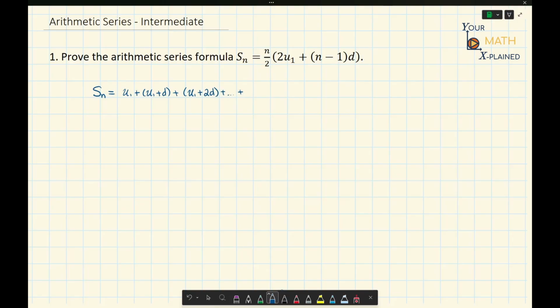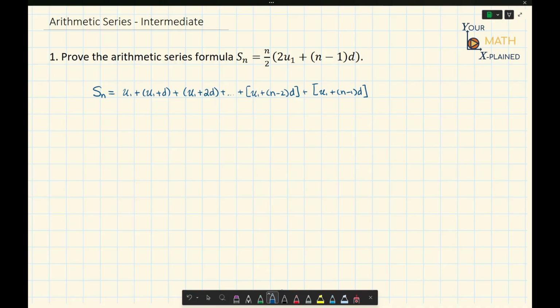And this is going to go all the way to the second last term, which is u sub 1 plus n minus 2 times d. And then the last term is going to be u sub 1 plus n minus 1 times the common difference d.